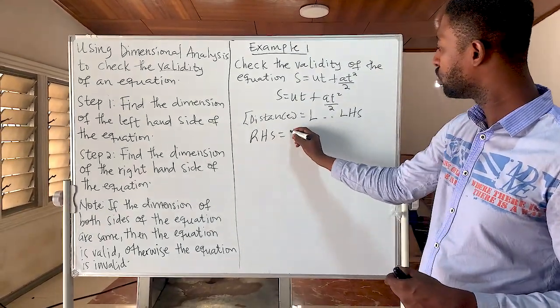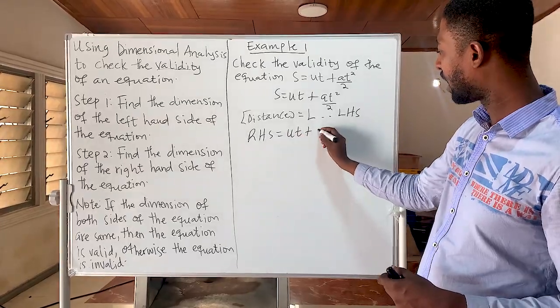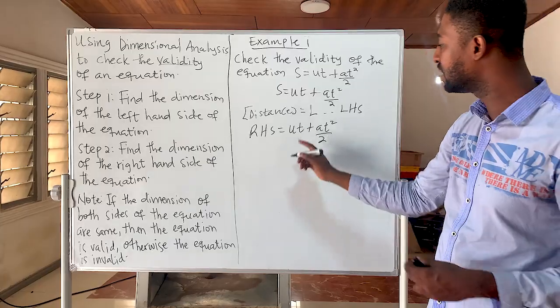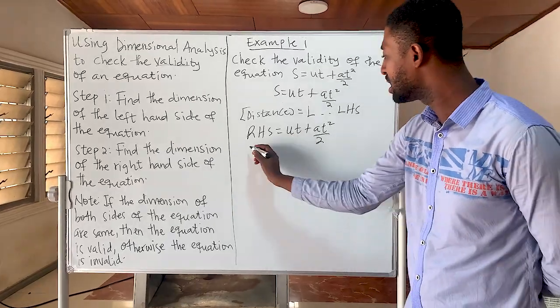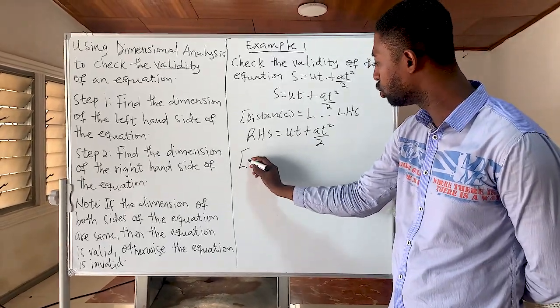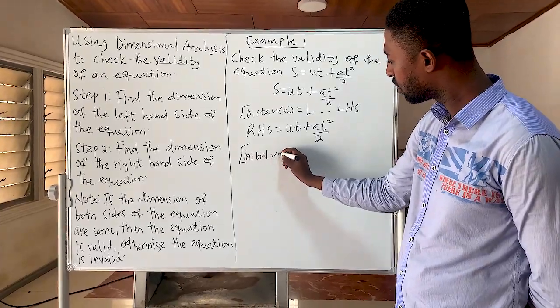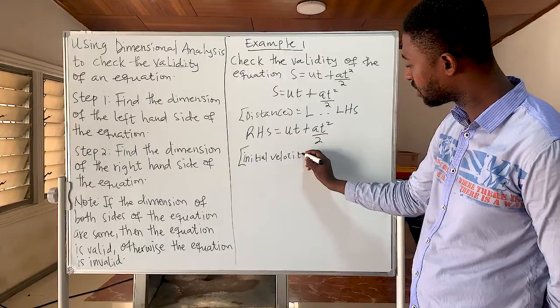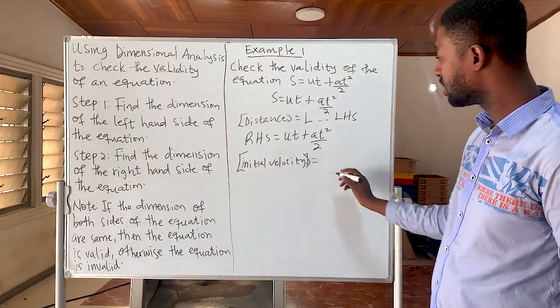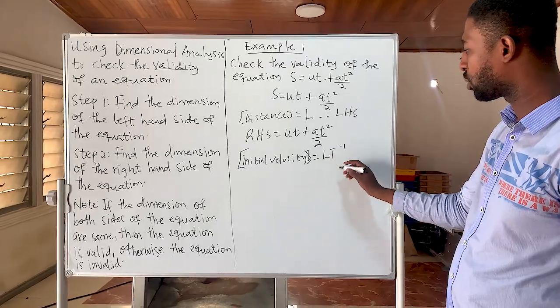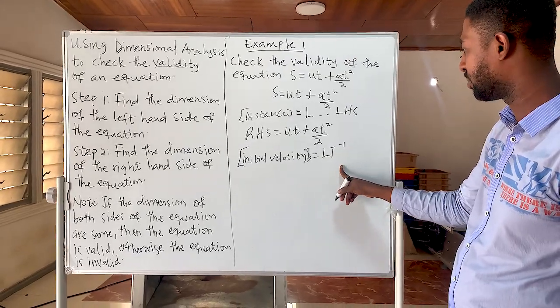Then the right-hand side, we have ut plus at squared. So let's find the dimension of the individual variables. This is initial velocity. So the dimension of u, or initial velocity, is LT minus 1, because velocity is distance over time.